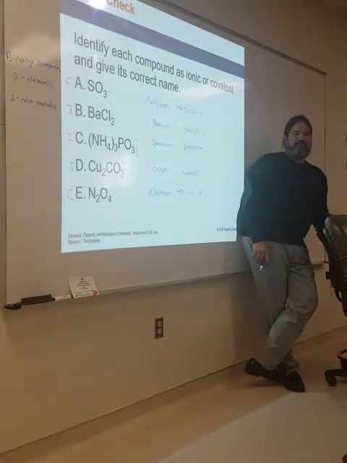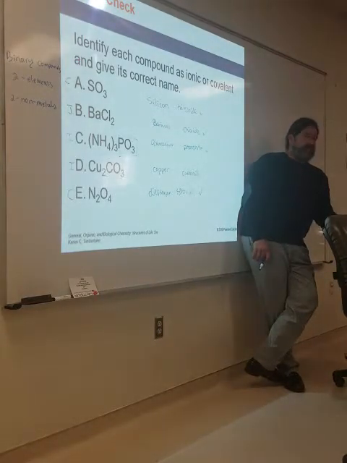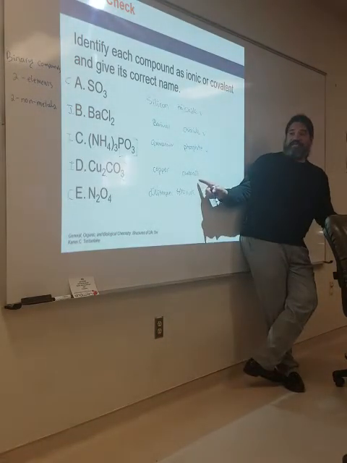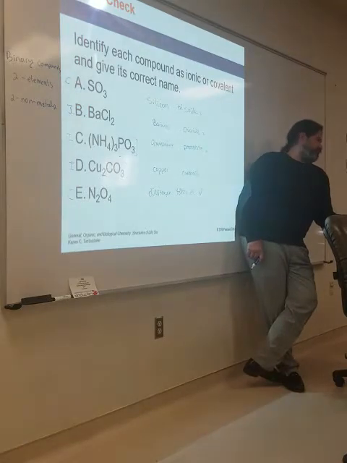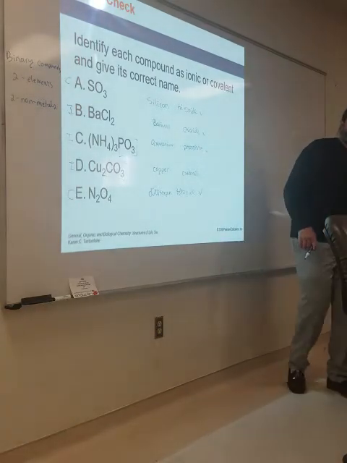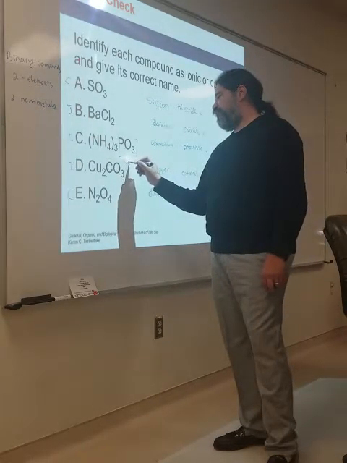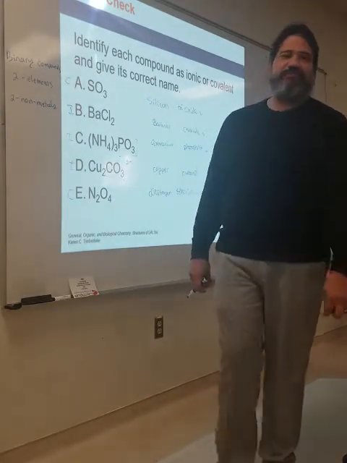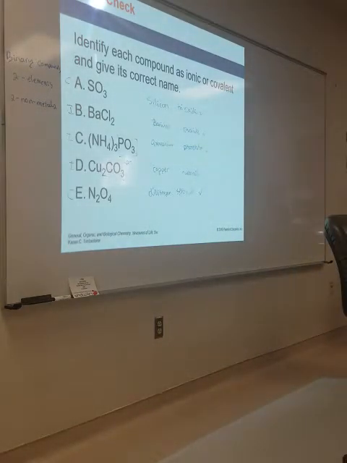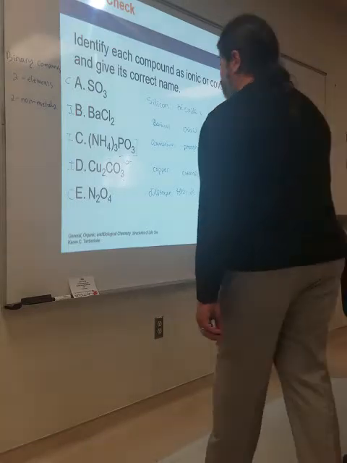Copper: do I need a Roman numeral? Yes, we have to calculate it. So you need to know what the charge on carbonate is, the charge on CO3. You look up CO3 on your handout, in the table of polyatomic ions, and it tells you it is -2. How many carbonates do we have in the formula? How many CO3s?